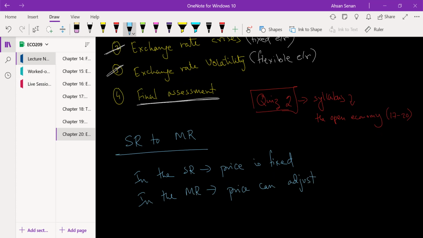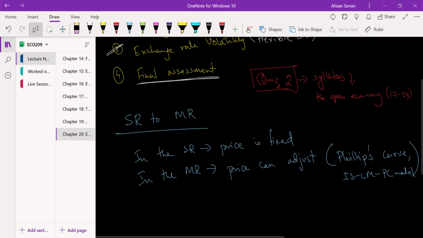So the medium run was the chapters when we took a look at effectively the Phillips curve, and we derived the IS-LM-PC model. If you don't remember, please go back and revise because we will be talking about the Phillips curve in this chapter. So it's important that you remember what they are.